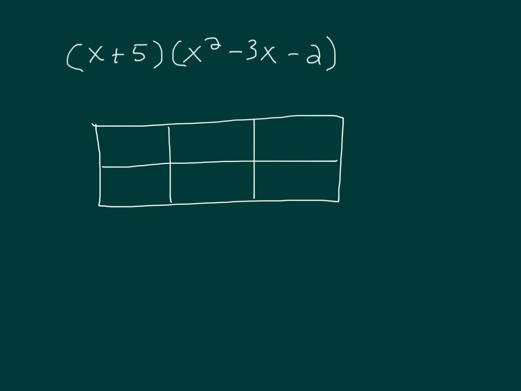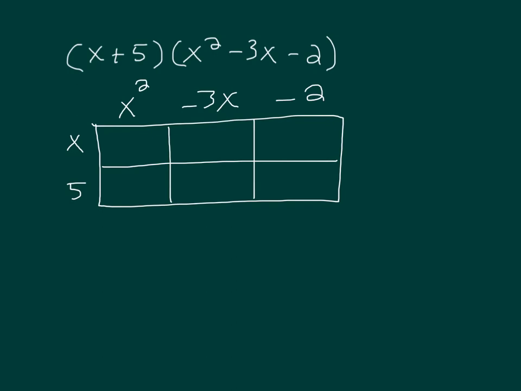The x plus 5 is my binomial, so that's what's going to go on the left side of my rectangle. My x squared minus 3x minus 2 is my trinomial, so each of those terms goes above the 3 columns on top of the table. Now I fill this in just like I would a Punnett square, even though it's no longer a square, let alone a true Punnett square.